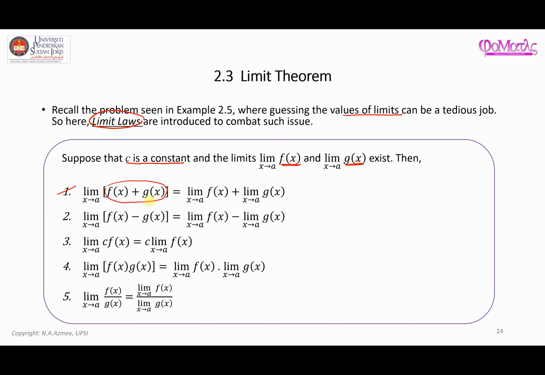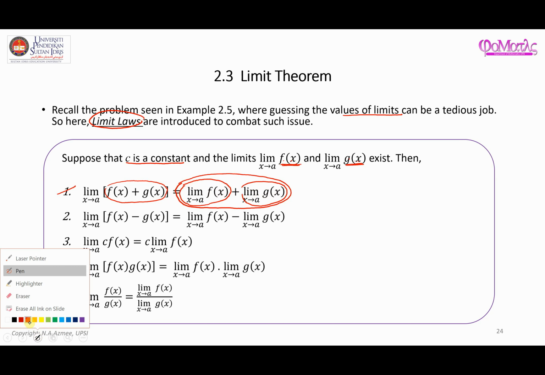In order to get the answer, you can start by evaluating them separately. For example, evaluate the limiting value of f(x) when x approaches a, and then evaluate the limiting value of g(x) when x approaches a. Once you have the answers, you are going to add them together. So that is the first rule.